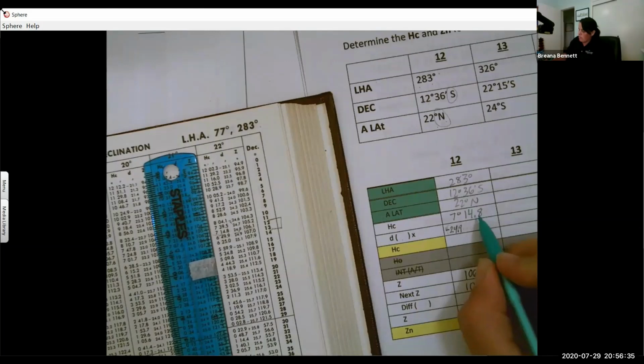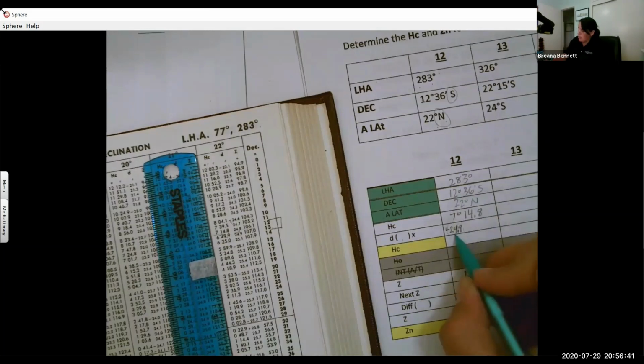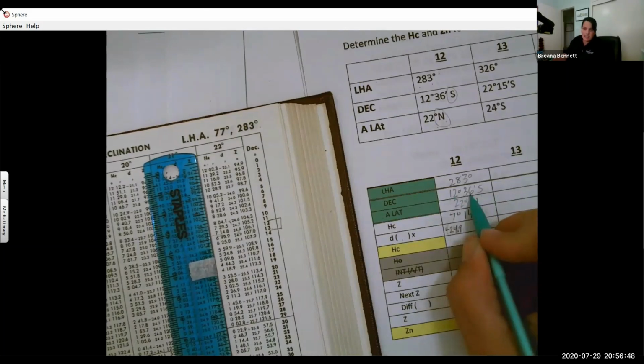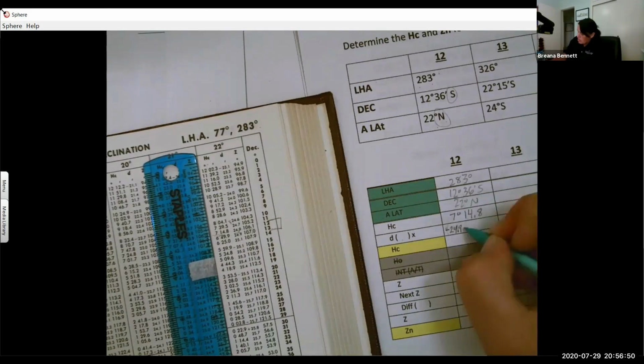So from 12 to 13 degrees, because my declination, we subtracted 24.9 minutes. So I'm at 12:36. So how I interpolate this is I divide 36 by 60. So I have that fraction.